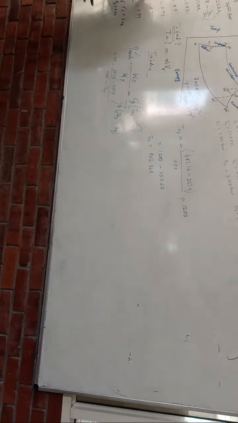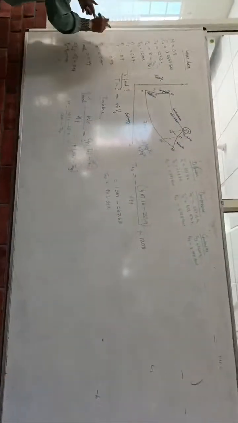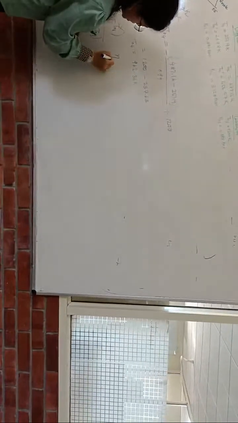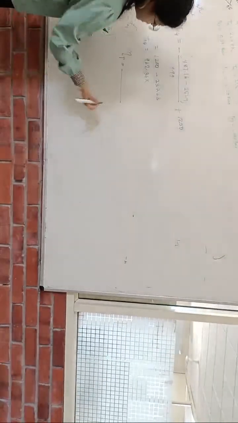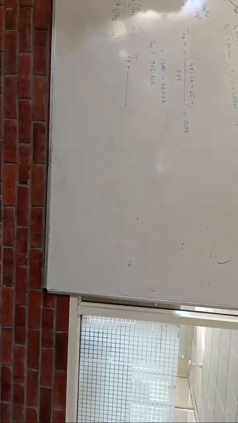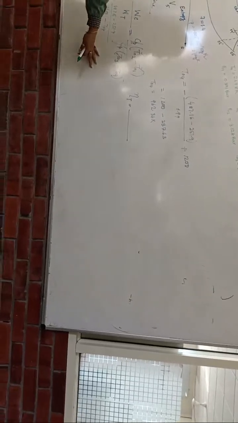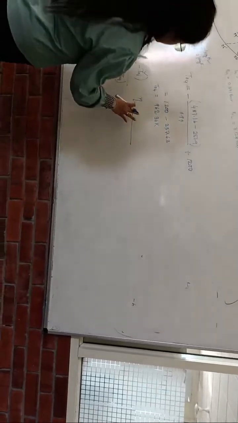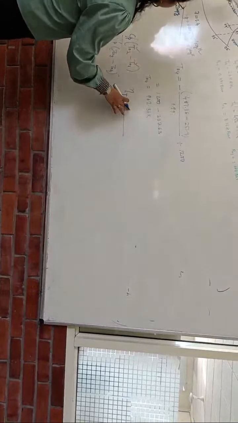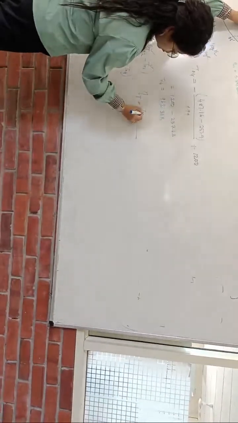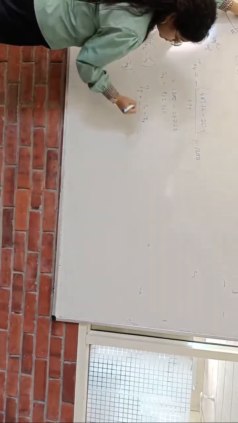Now we will go with the turbine efficiency, eta T. What is eta T relation? Actual by the ideal or the isentropic. Actual means this is an actual reaction: T0 3 minus T0 4.